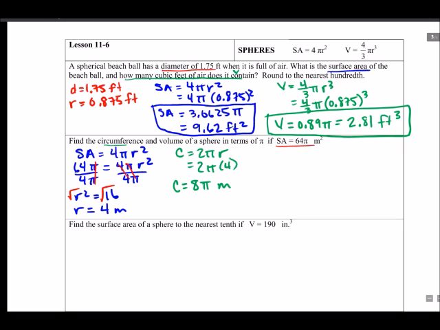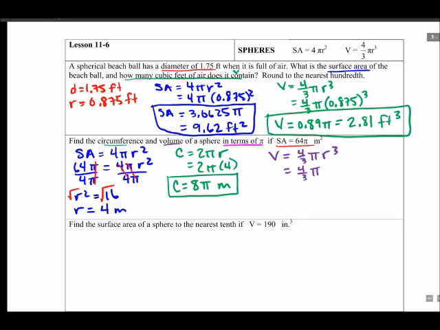We were asked to find things in terms of pi. We get a decimal if we wanted to plug it into our calculator. In terms of pi, that means all our answers are going to be in pi. And we want volume. Volume of a sphere, 4/3 pi r cubed. Again, just substitute in.